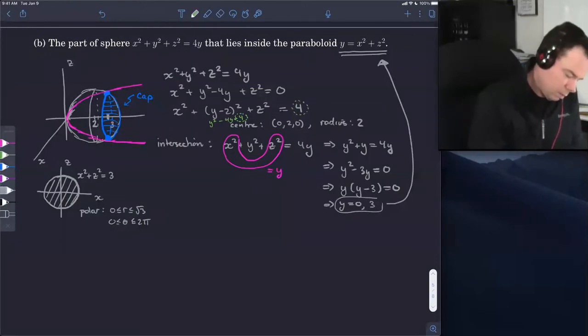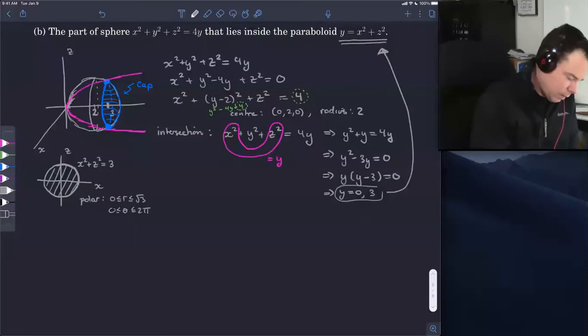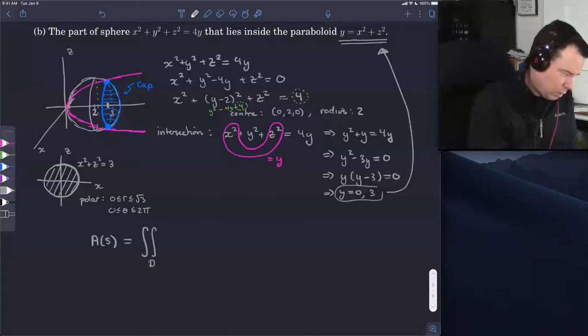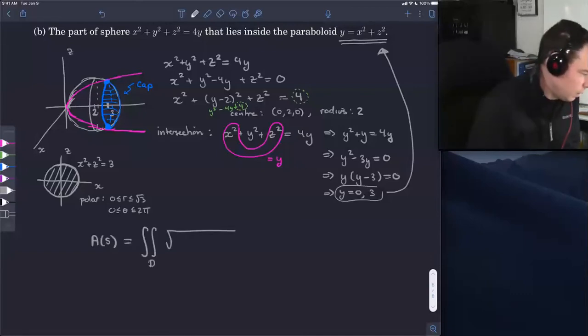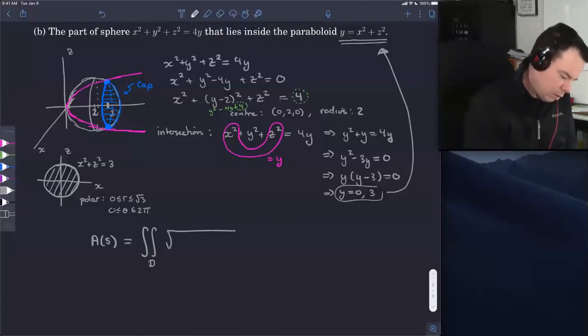All right, so let's have a look at our integral now. The integral is going to be the area of this surface. It's going to be the integral over the region D of the square root of, and what do we get? So we're going to have to integrate a function.